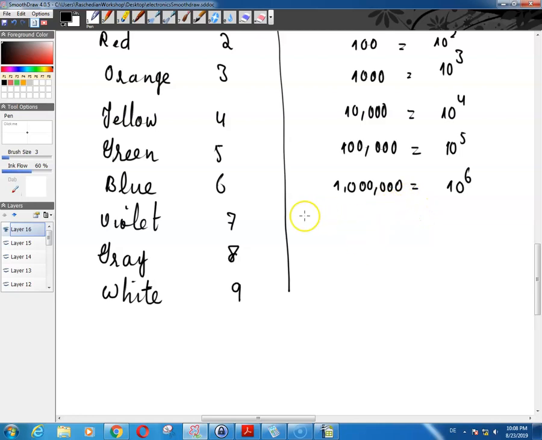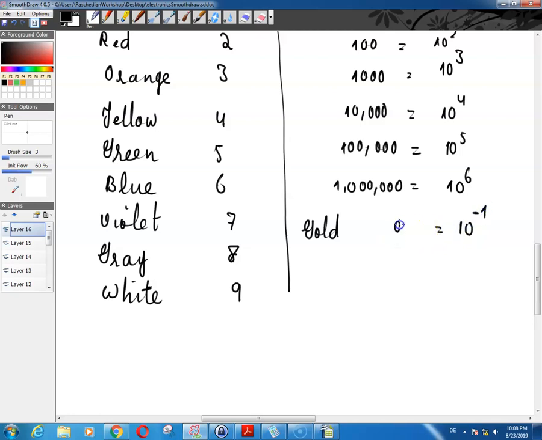And you have two more colors here. If you have gold in the third band, the multiplier band, gold is 0.1, which is 10 raised to the power negative 1.